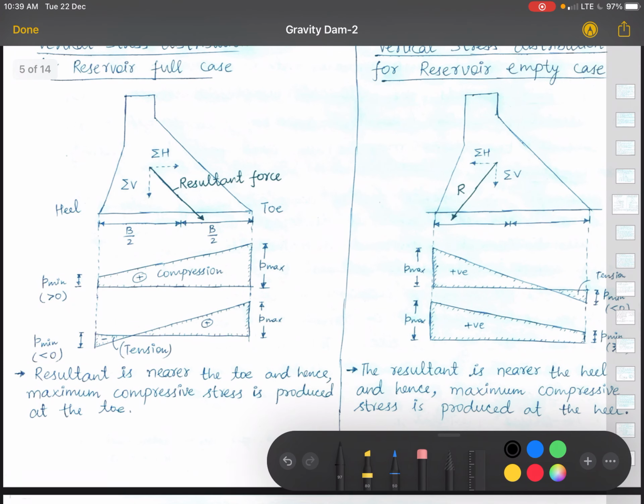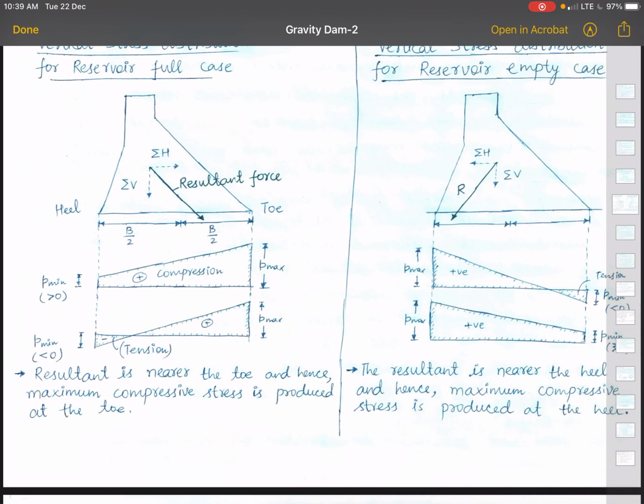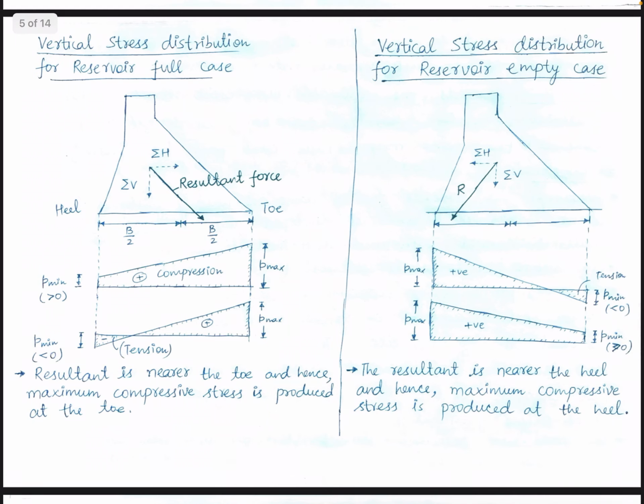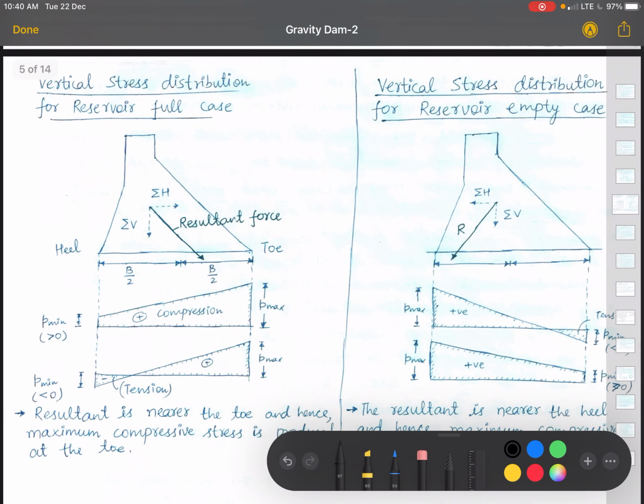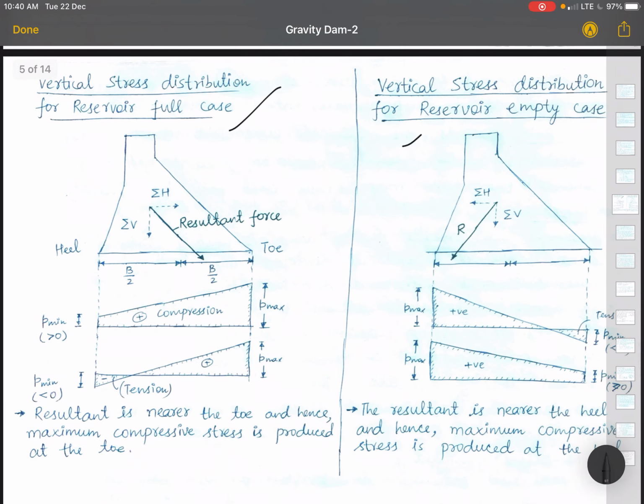Now let us see the vertical stress distribution for two cases. The first one is the reservoir full case, the second one is the reservoir empty case. So this is full, this is empty.